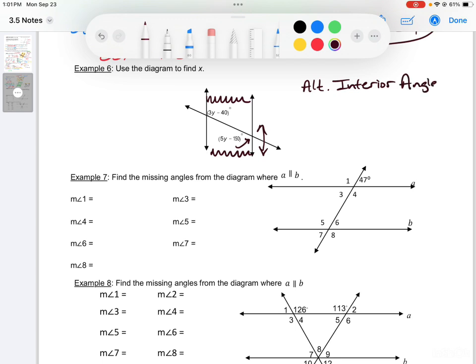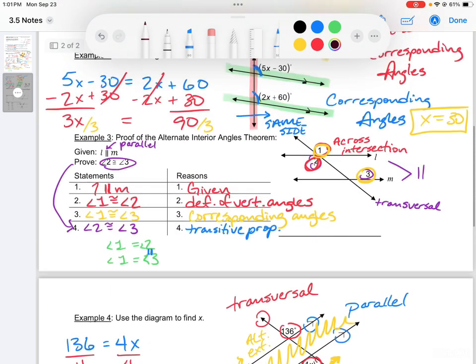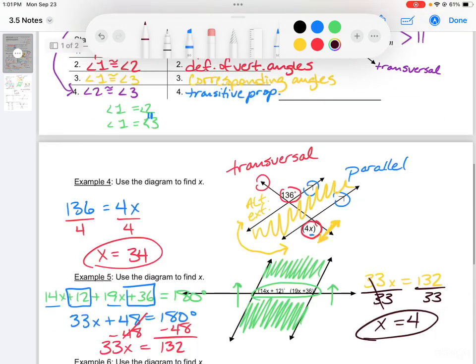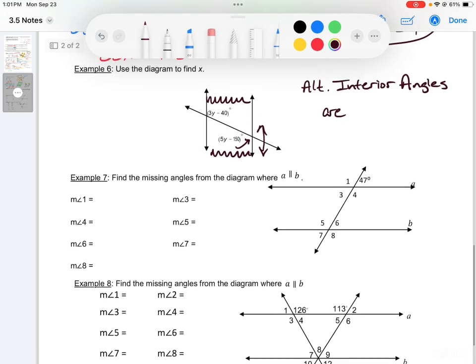Alternate interior angles. And the relationship between alternate interior angles is that they are congruent. That means they equal each other. So since they are congruent, we can set them equal to each other.